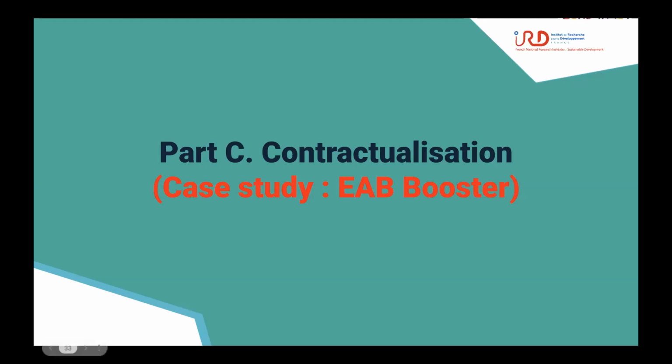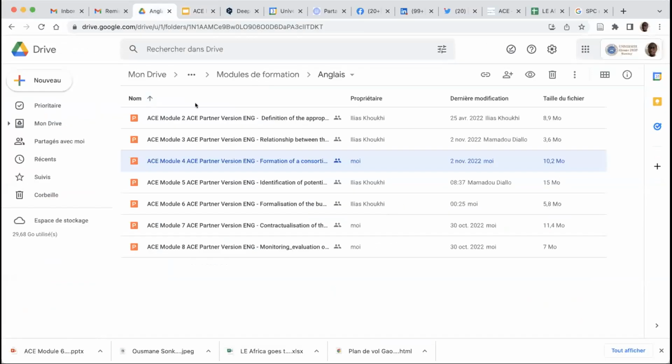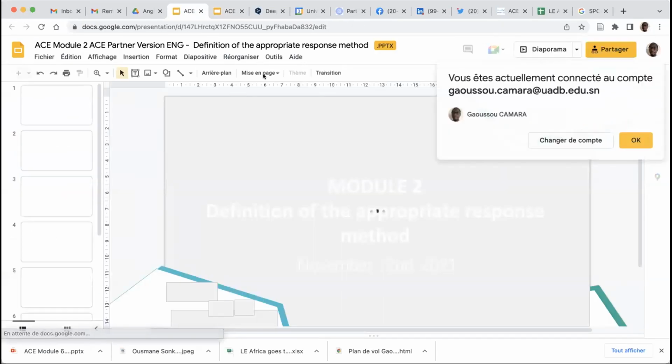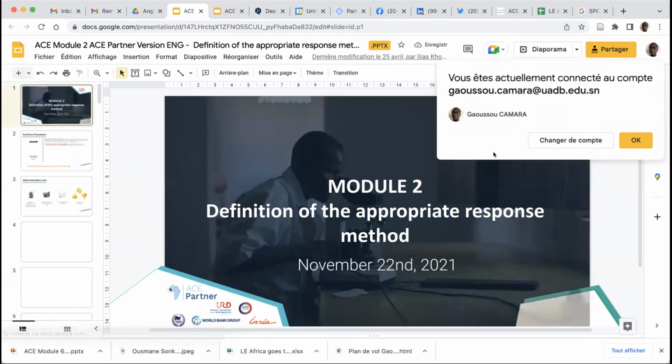And let me check, module 1 or module 2 is the definition of the approach to respond to a call. So these are very related, because I think module 1 and 2 are the broader modules, and modules 3 to 8 are specific modules that will help you prepare your proposal.